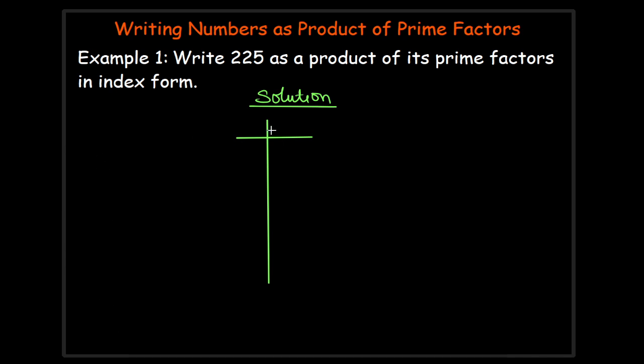Okay, so let's see 225. Remember what we said, that we have to use prime factors. What are prime factors? Factors are numbers that can divide 225, but those numbers must be prime numbers.